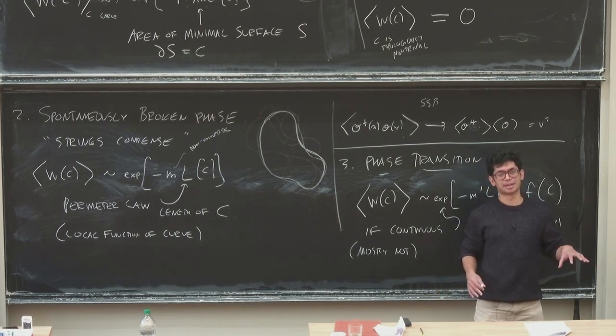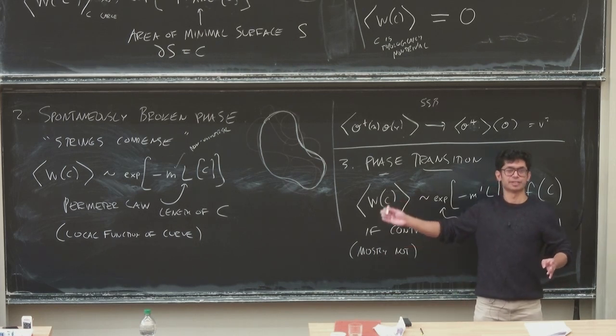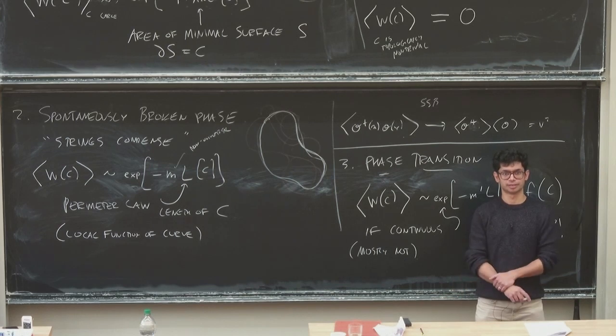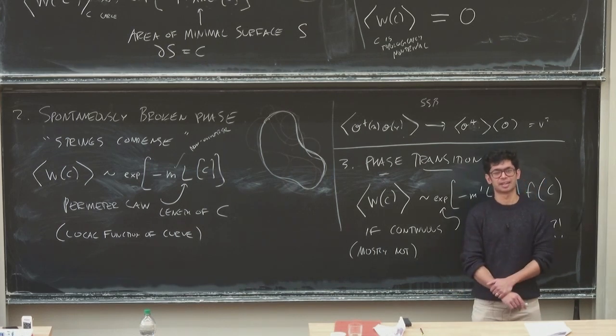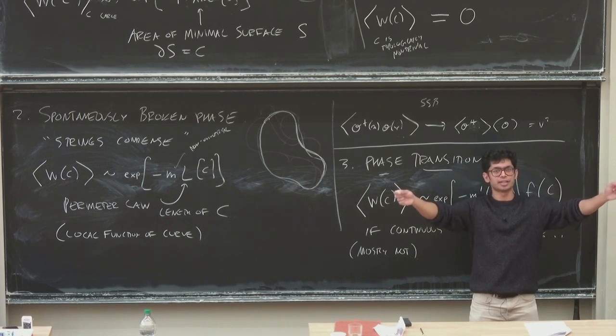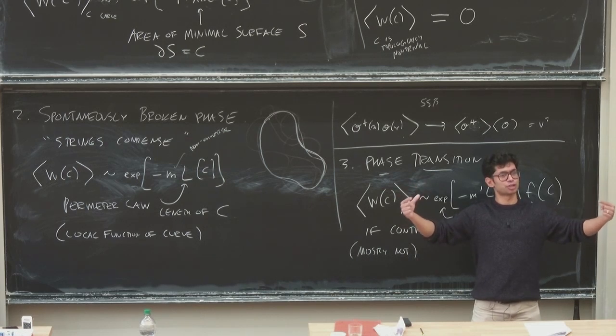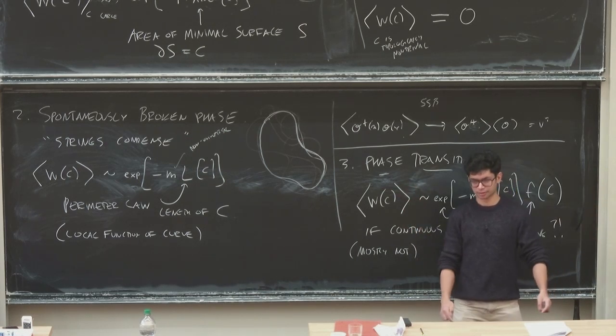Even if not, in all the examples that I'm going to give, they're definitely different phases. I have this intuition that whenever an infrared observable has a very different behavior, then there's a thermodynamic phase transition between the two, at least in all examples. I agree making that into a theorem seems tricky, but we can try.